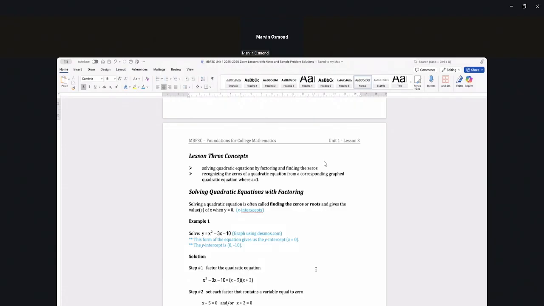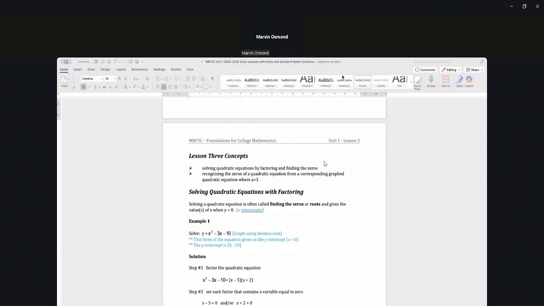So what I want to do first of all is graph this particular equation, y equals x squared minus 3x minus 10, just to show that it indeed does give us a parabola. So y equals x, shift 6 to get me to square that.